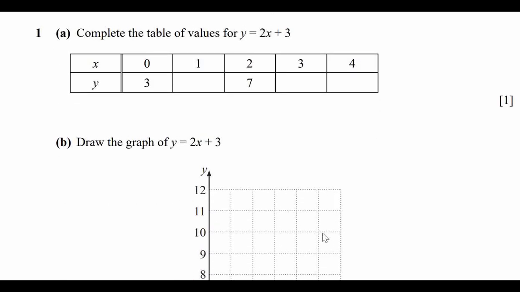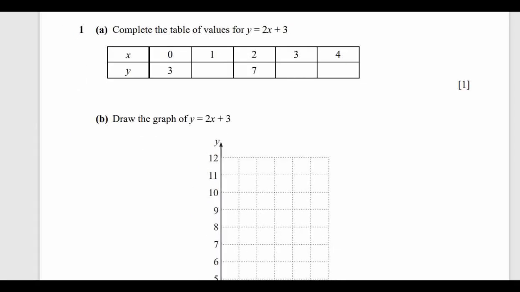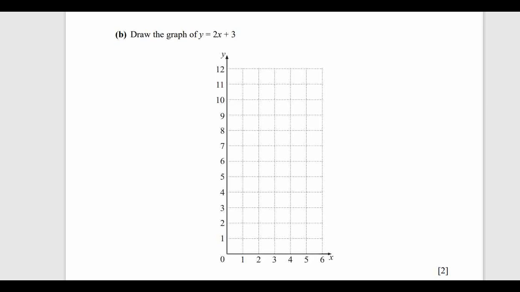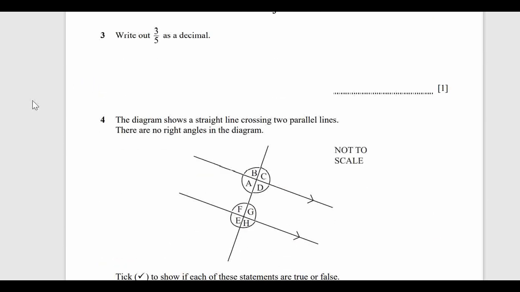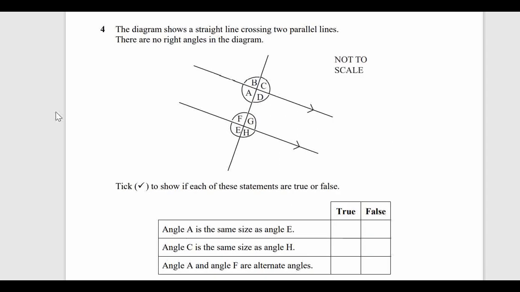So this is question number 1A, and this is 1B. Let's move on to question 2. This is question 2, question 3 and question 4.